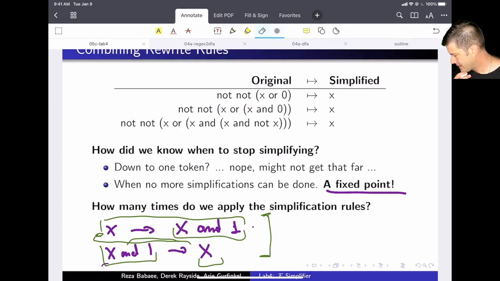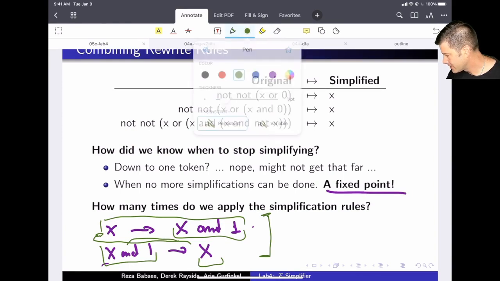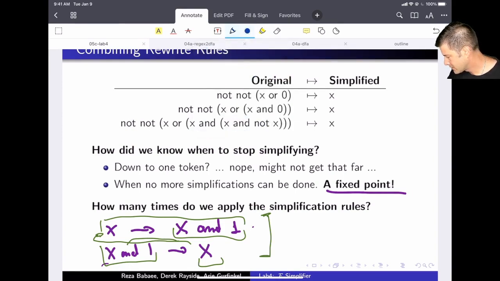Right? And if you wonder why would you have rules that go to bigger even when you simplify, here's one example. We can imagine that we have an if and only if expression, so that we have this kind of formula. Then one way to simplify it is to turn it into x implies y and y implies x.